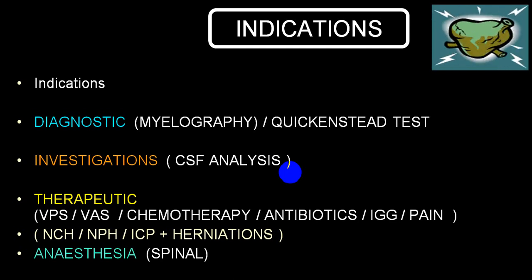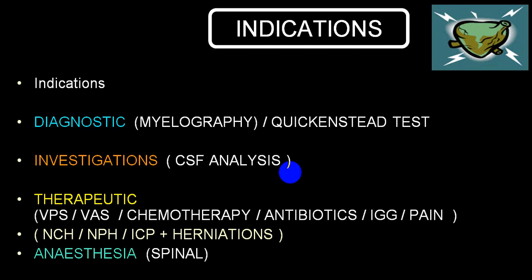Or if any person has developed raised intracranial pressure with herniation, these will be the procedures for therapeutic purpose. In some malignancy, you can inject the drug, that is chemotherapy, through puncture. In case of pyogenic meningitis and tubercular meningitis, you can inject anti-tubercular drug, or even steroid is injected in a person with tubercular meningitis.